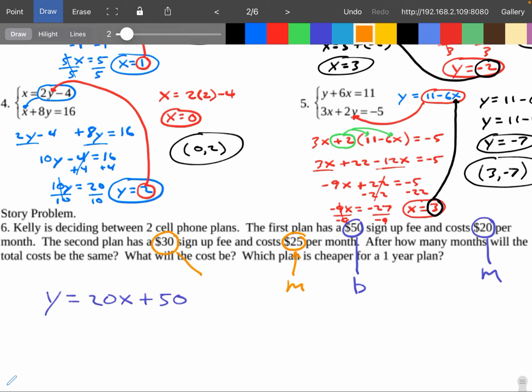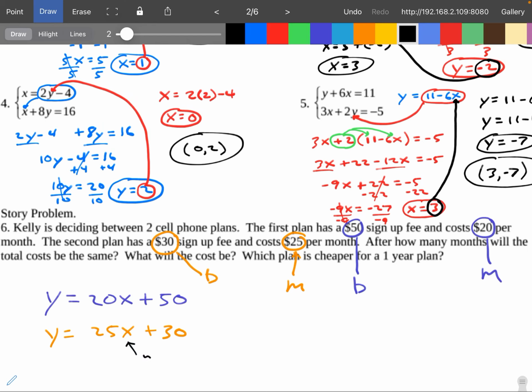And then the other equation, what do we got? It says the second plan, it's $30 to sign up and $25 per month. So what's the slope, the 30 or the 25? The 25, good. So the 25 here, that is the slope.